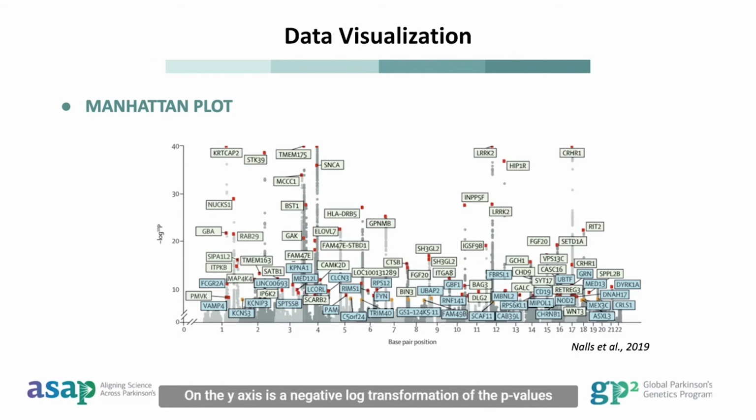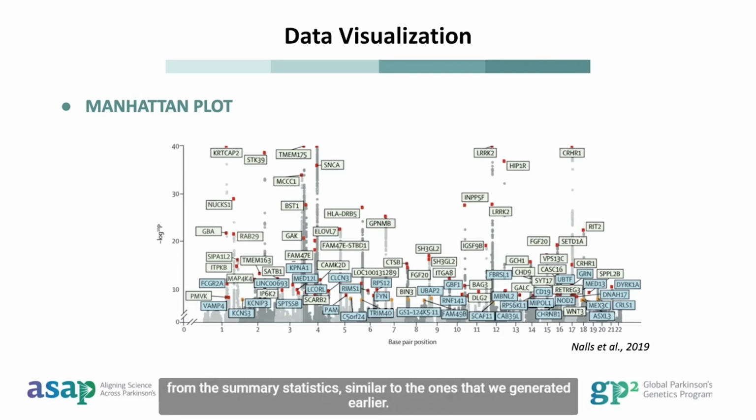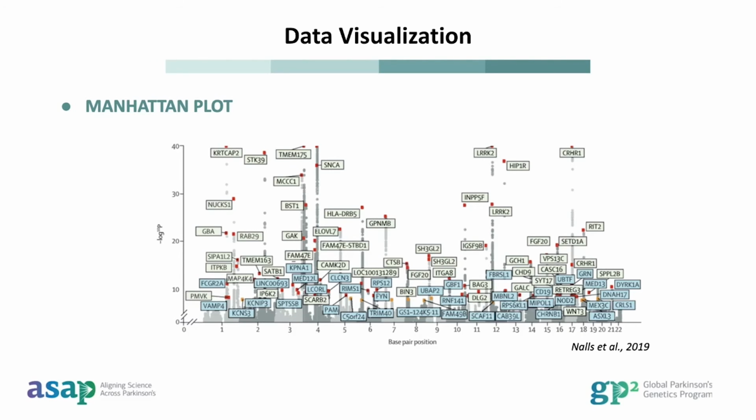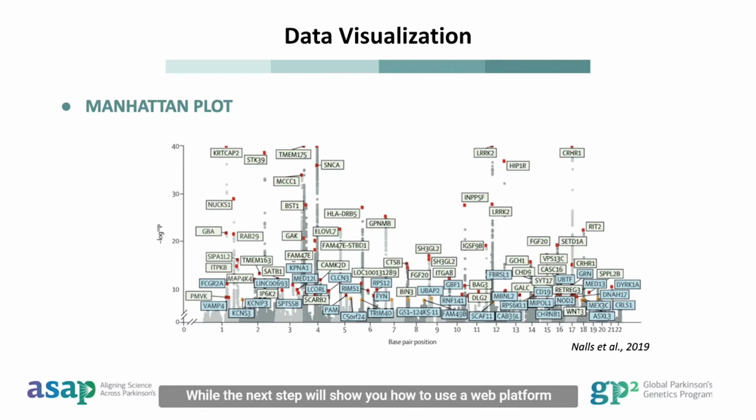On the y-axis is a negative log transformation of the p-values from the summary statistics, similar to the ones that we generated earlier. The smaller the p-value, the higher it is on the plot, and the more significant the association is to Parkinson's disease. While the next step will show you how to use a web platform to generate this sort of plot, we will show you how to make this sort of plot in R. This is based off of the same code used here to make the plot.